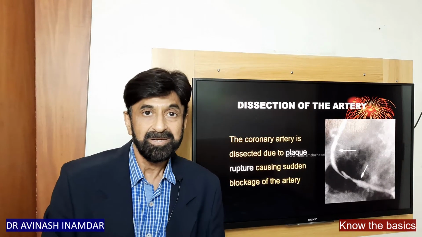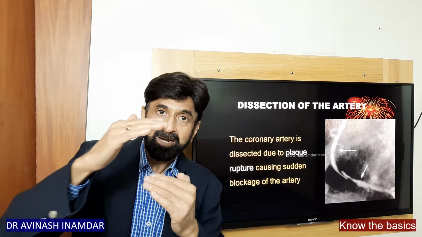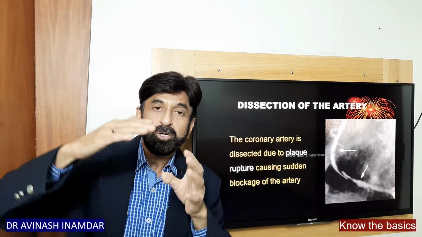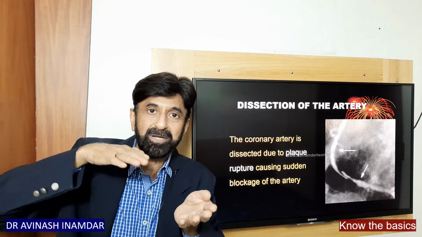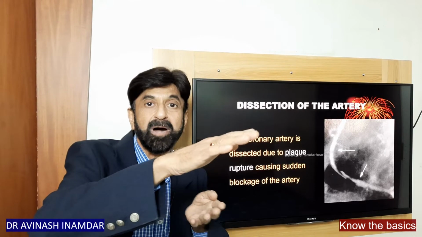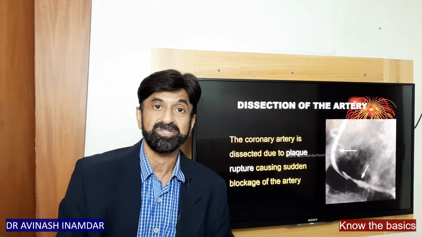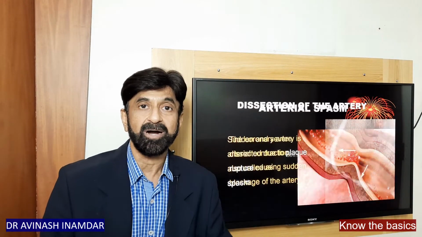The second could be a dissection of the artery. There are these three layers: intima, media, adventitia. There is a dissection between the intima and the media, and there is a flap of the intima which blocks the artery, which is seen in the angiogram, as you can see there. So there is a sudden blockage. That can cause a heart attack.